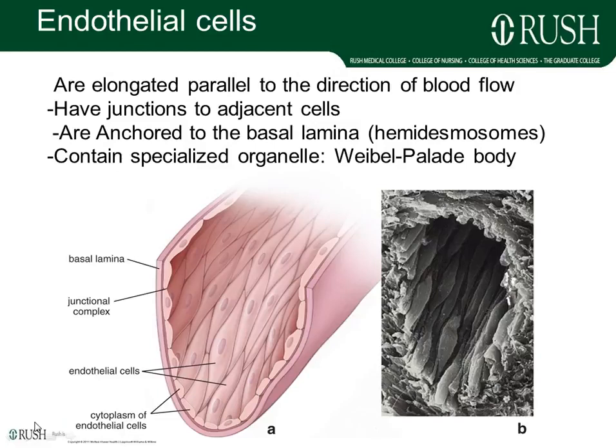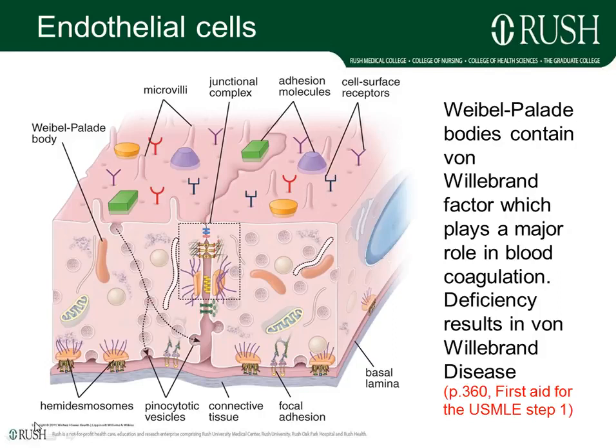Now, what's different about them from other epithelial cells? They contain a specialized organelle called a Weibel-Palade body. Weibel-Palade bodies contain something very important. It's called von Willebrand factor, and that plays a major role in blood coagulation. Deficiency of this factor results in von Willebrand disease.